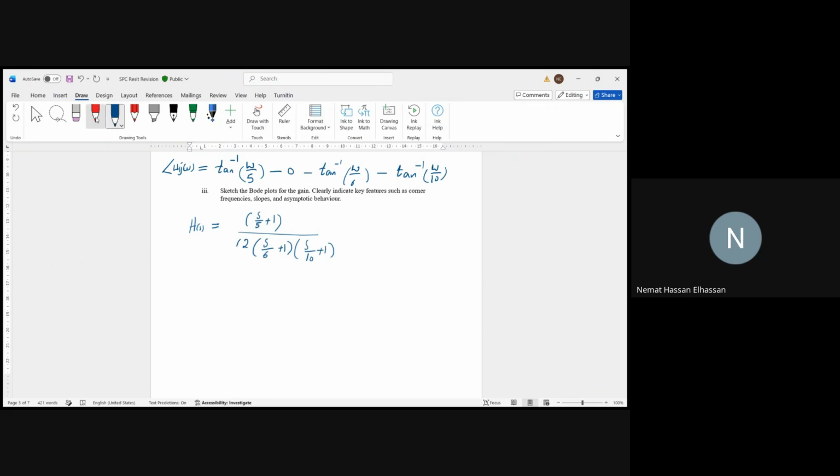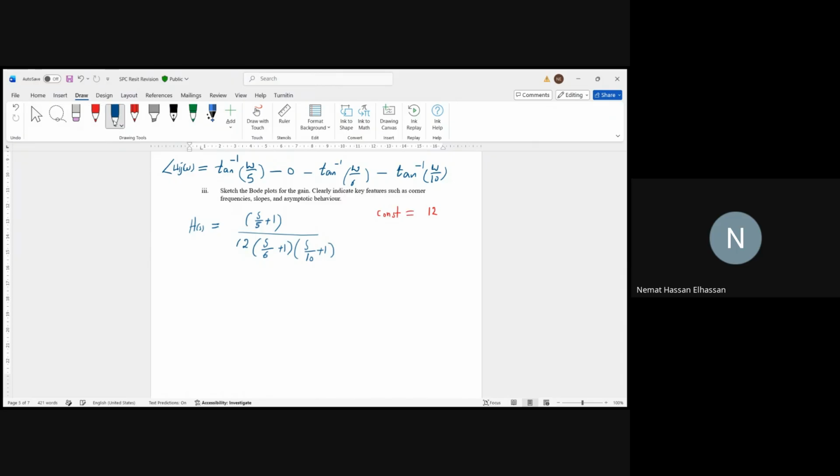Remember, step 1 in the Bode plot is to write the normalized form. Step 2 is to identify elements which are constants, poles, and zeros. So I have a constant with the value of 12.